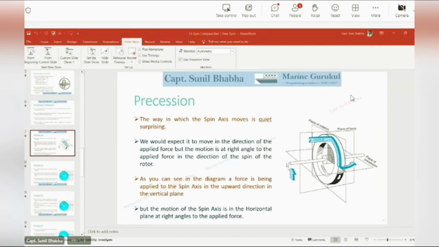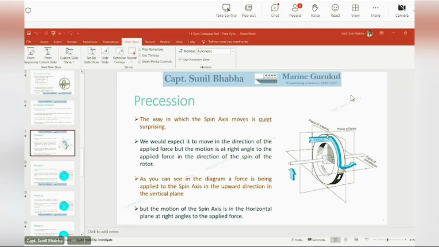Okay. So this indirectly means that the force is getting applied to the rotor as you see at the top. This is how the force is getting applied. Okay, sir. When you are tilting the spin axis, it is going in the east-west direction. The reaction is in the east-west direction. Correct, sir?